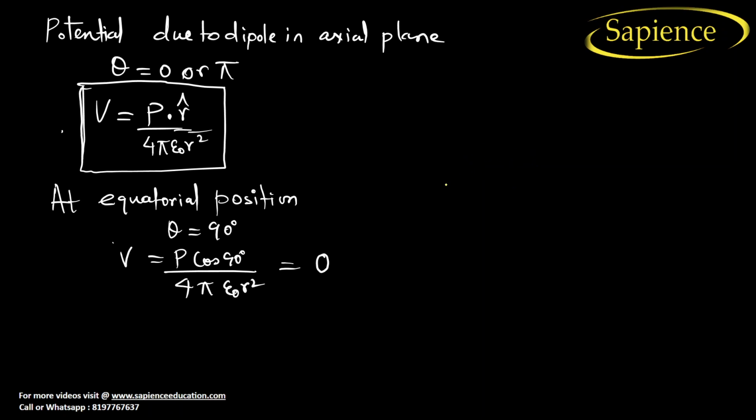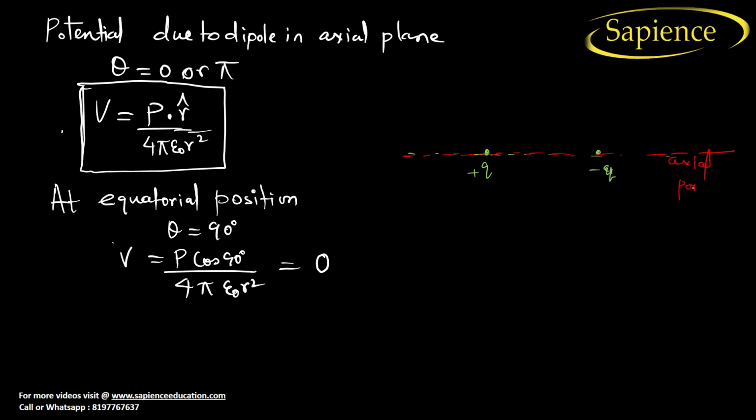See here, what do you mean by axial plane? The condition is that this is a dipole, plus Q and this is minus Q. We want the potential at this line only, that is the axial line, the axis of the line joining plus q and minus q.